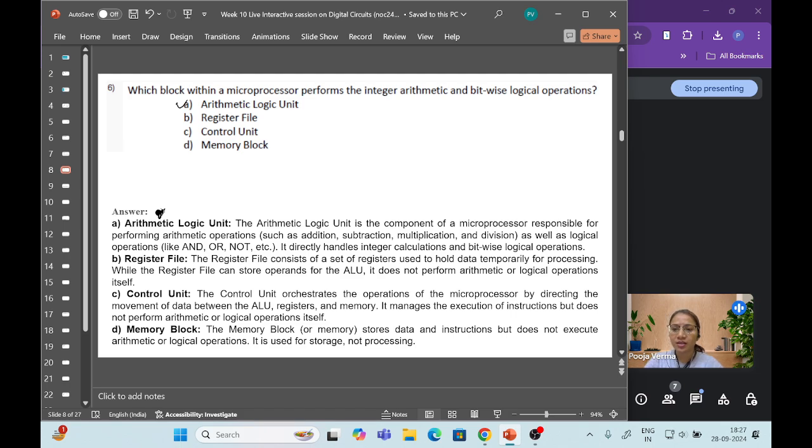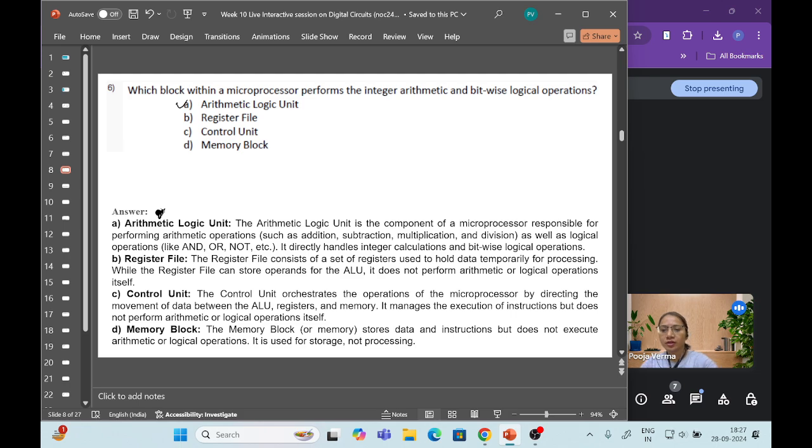So the ALU, or arithmetic logic unit, within a microprocessor performs the integer arithmetic and bitwise logical operation, while the register files consist of a set of registers used to hold temporary data for processing. Control units only direct the movement of data between ALU, register and memory. It manages the execution of instructions but does not perform the arithmetic and logic operations, while memory blocks are responsible for storing data and instructions but not executing arithmetic and logical operations.